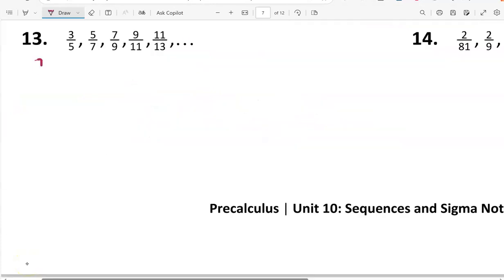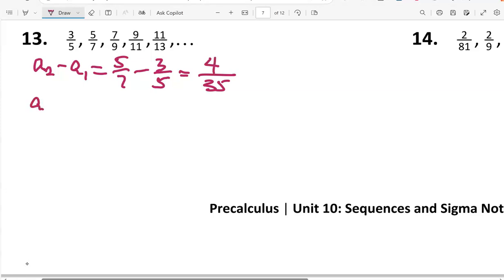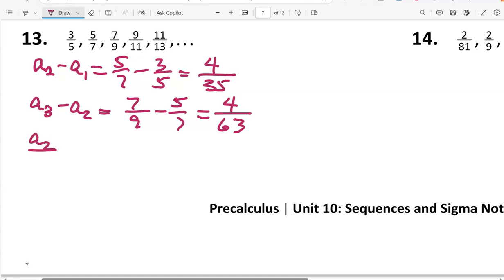In 13, we can look at differences. A sub 2 minus a sub 1, which would be 5/7 minus 3/5, is 4/35. A sub 3 minus a sub 2 is 7/9 minus 5/7, and that will be 4/63. Right away we know we do not have a common difference. So now let's check ratios. A sub 2 divided by a sub 1 is 5/7 divided by 3/5, and this is 25/21.